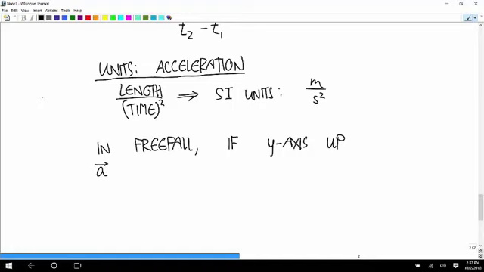Anytime something's in free fall or projectile motion, it points in the direction of the acceleration vector, down. If the y-axis is up, that's the negative y direction. And so the acceleration vector would be 0, negative 9.81 meters per second squared. And we're going to use that a lot.